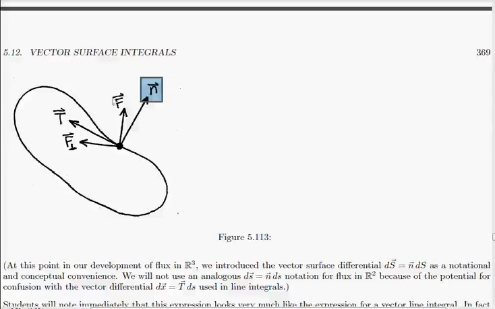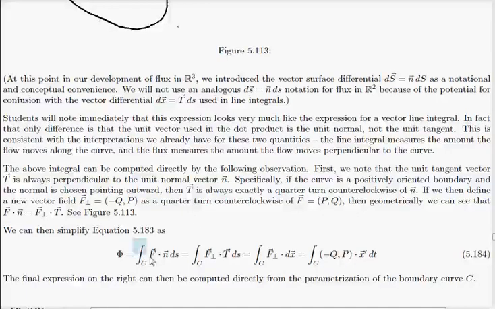If I were to rotate the vector field 90 degrees counterclockwise, then this dot product is going to be exactly the same as that dot product. So the thing we're trying to compute becomes exactly a vector line integral of the sort that we already have formulas for how to calculate.